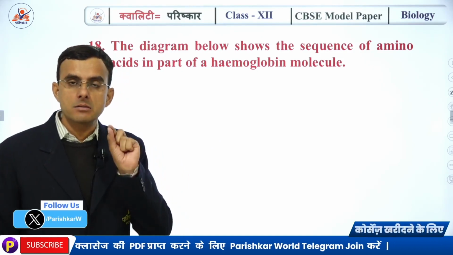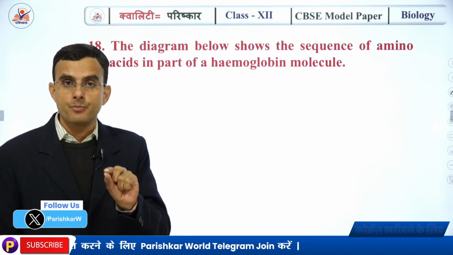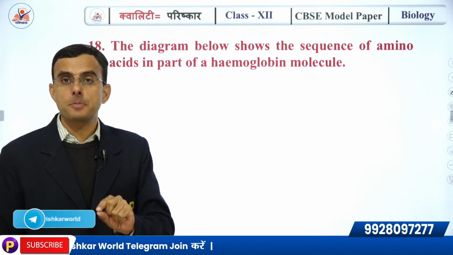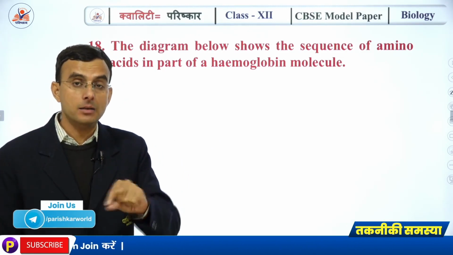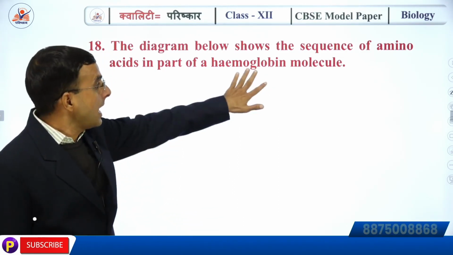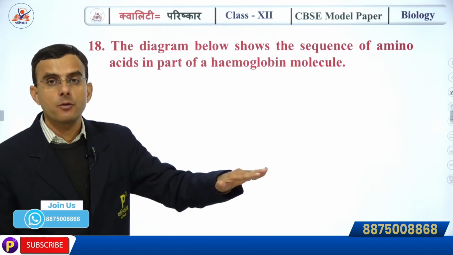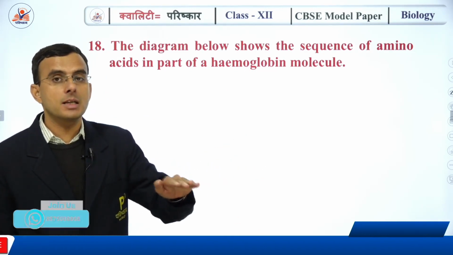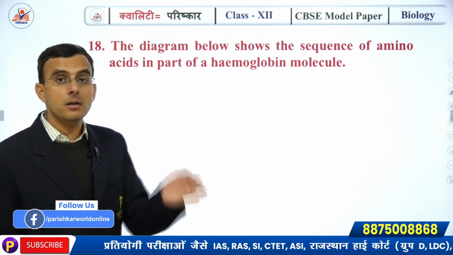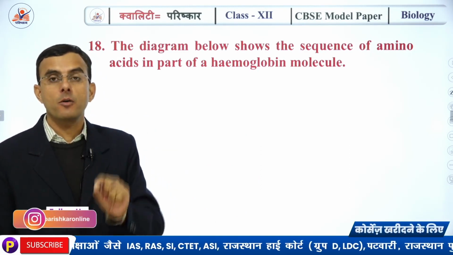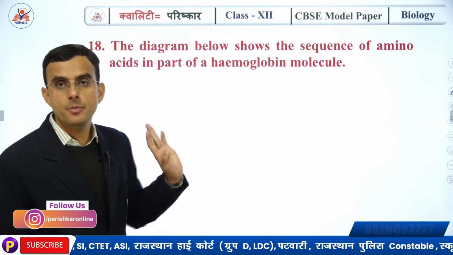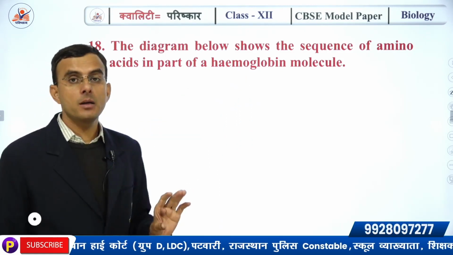If a character is present and expressed, that character must be present as information in the genetic material, and it is expressed in the form of a protein. Hemoglobin is a protein.